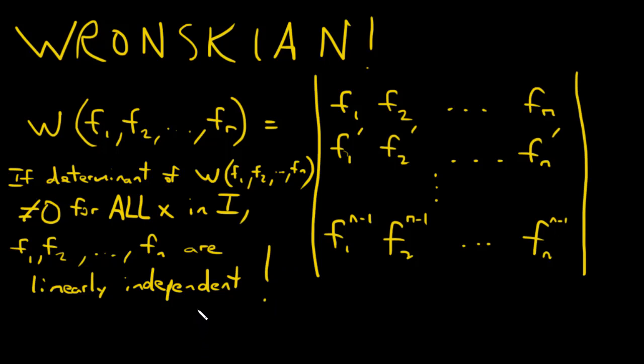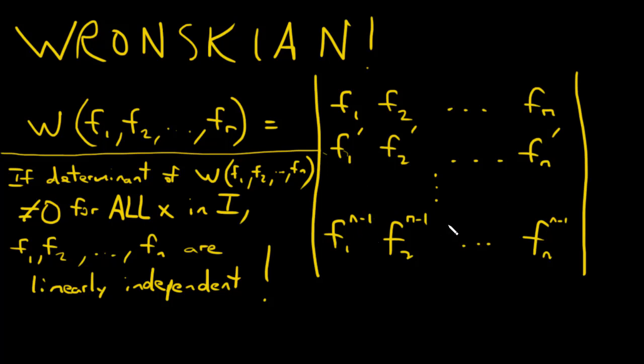Okay? So the way I can tell if functions are linearly independent or dependent is by running the Wronskian. I set this up right here where I make the matrix. I list my functions across in the first row, and I list their derivatives across in the second row, all the way down to the n minus 1 derivative, based on the number of functions I have, which goes out to n.